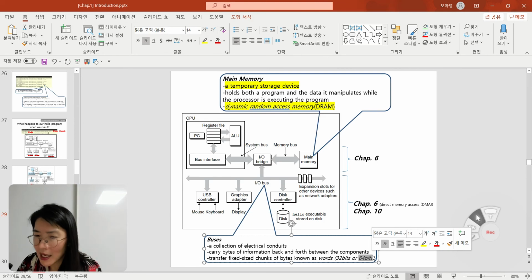So that means buses can deliver or transfer fixed-size chunks of bytes known as 64 bits, all right? So naturally we can recognize, oh, the 64-bit operating system based desktop can be faster than 32 bits, all right?